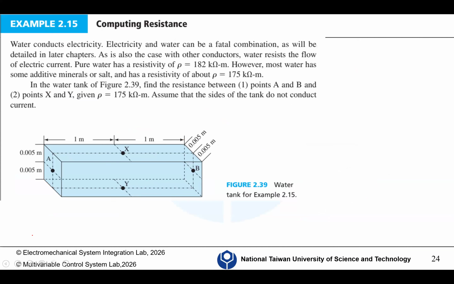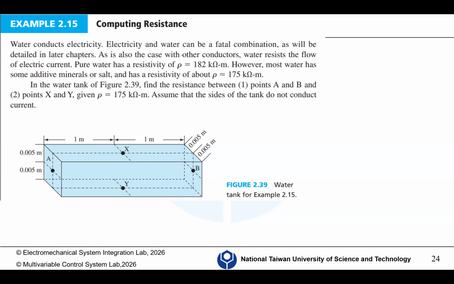So there's an example where you need to compute the resistance. It says water conducts electricity. Electricity and water can be a fatal combination, as will be detailed in later chapters.